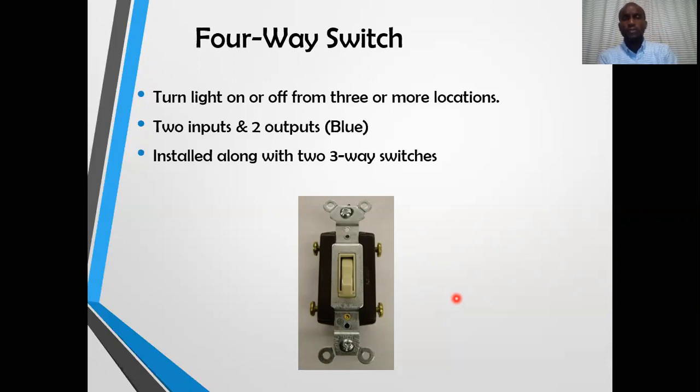Well, firstly, let's look at it. It has four traveler inputs, two at the top, two at the bottom, right? But it must now be installed along with two three-way switches. So the four-way switch forms an additional location of control for a circuit.